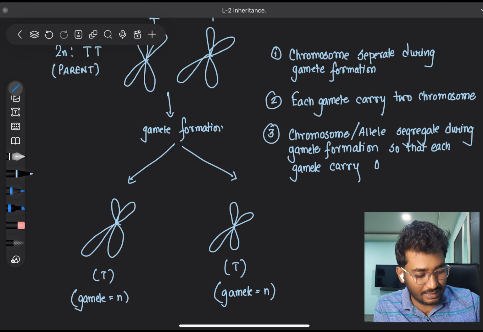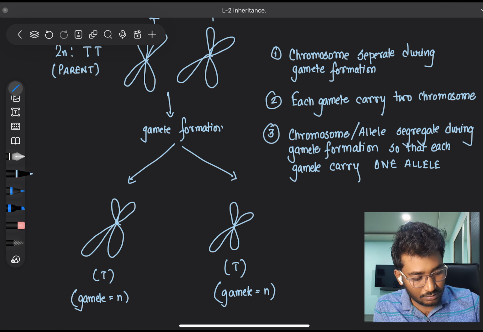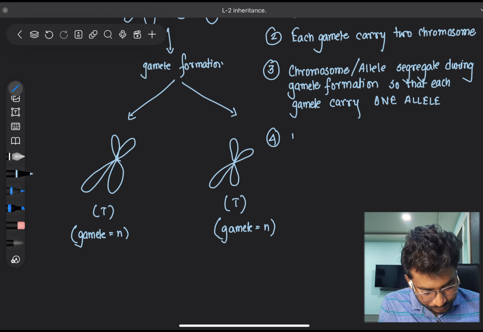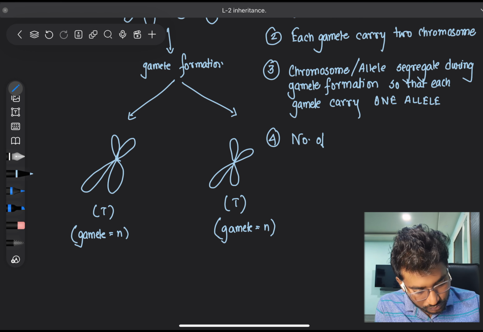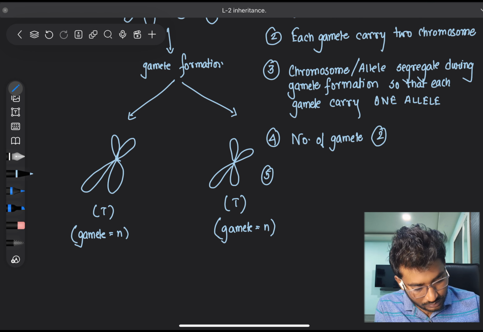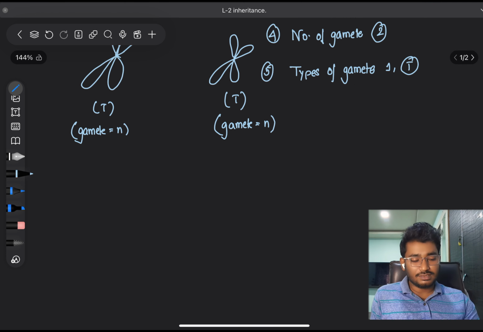It is the main point. Now the number of gametes here is 2. And the fifth one, the types of gamete: 1, and it is tall because it is homozygous tall.